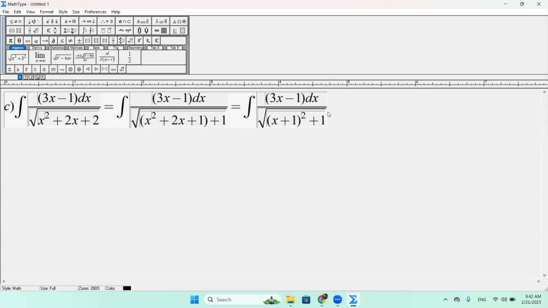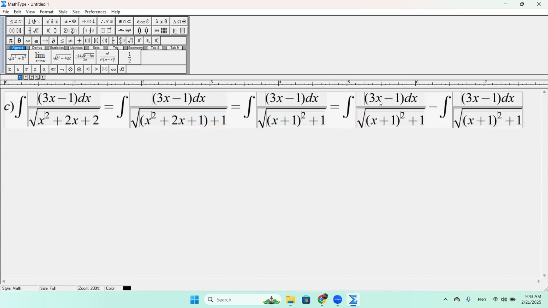But that's not everything that we need for now. So we need to do more actions. So let's split this integral into a difference of two integrals in the following way. So 3x dx minus this integral.